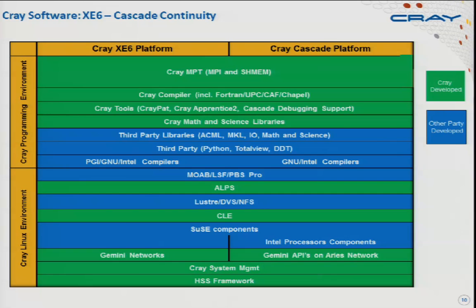One of the differences is that on the left-hand side, we had PGI, GNU and Intel compilers. We also had the Cray compiler. On the right-hand side, we still have the Cray compiler. We still have GNU. And in a sense, we still had the Intel compiler, but it was new and not heavily utilized over here. And here it's default and heavily utilized.